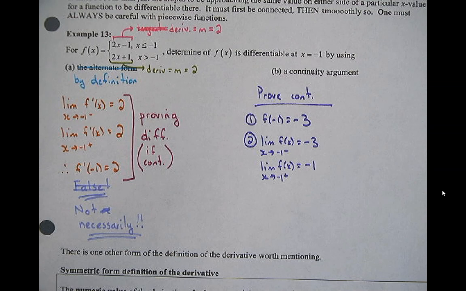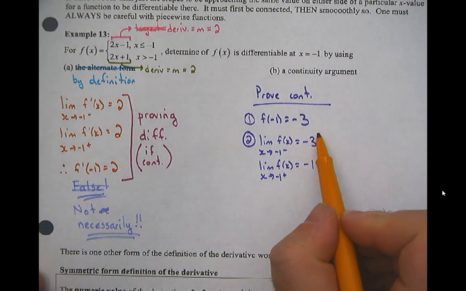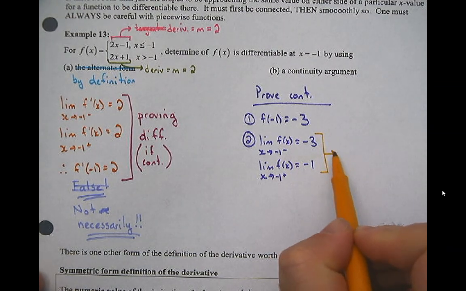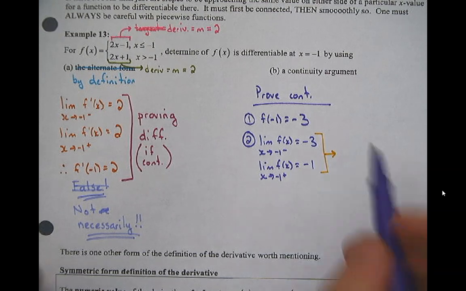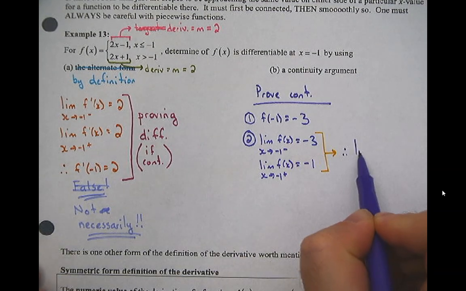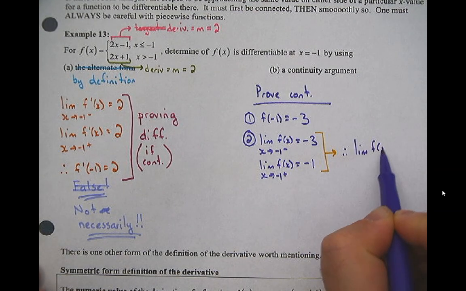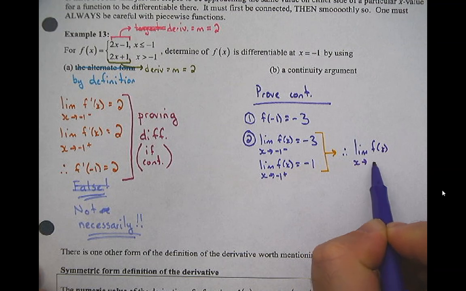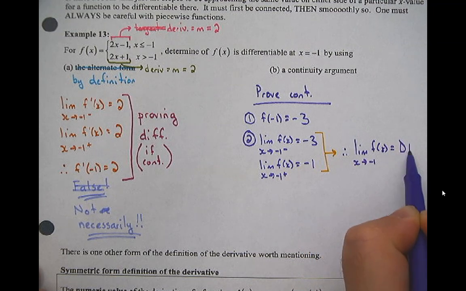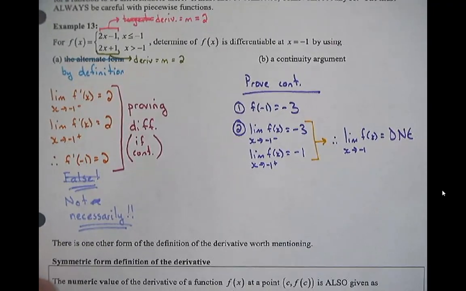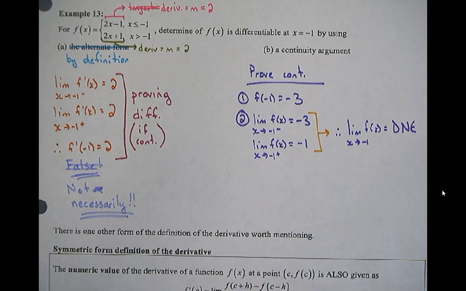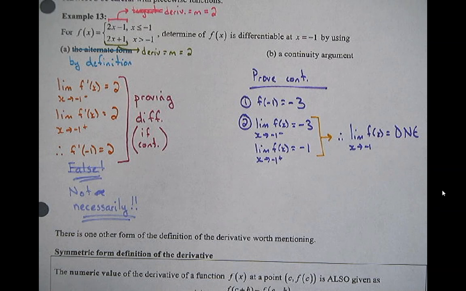What does this mean? These two things come together to show us, therefore, the limit of f of x as x approaches negative 1 equals what? DNE. So our function is not continuous. We have a point, we have one-sided limits, but the one-sided limits are not equal.